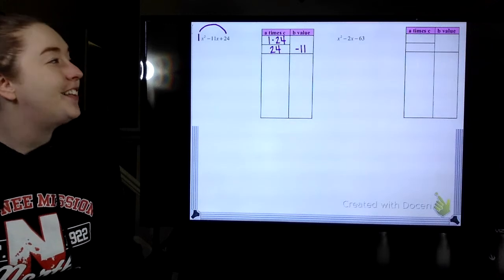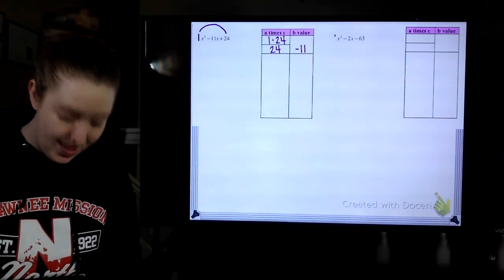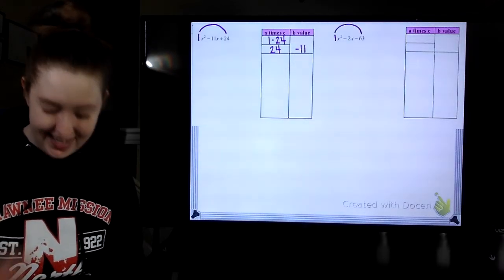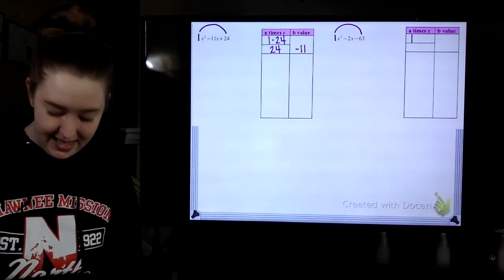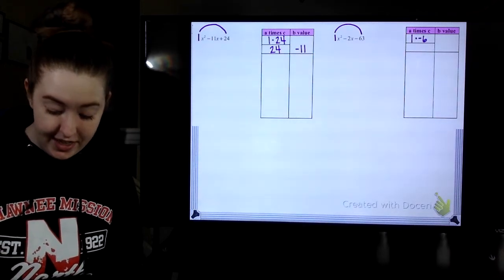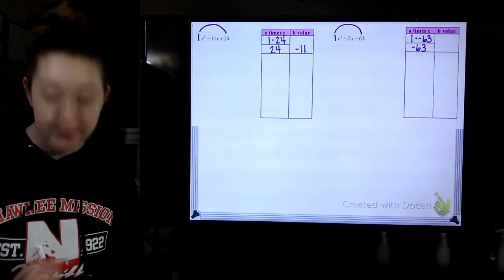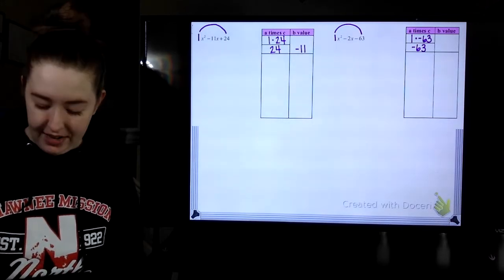On this next one, I don't have a number in front of x squared, so that must be 1. Then we'll multiply a times c, make a rainbow. So 1 times negative 63 is negative 63. My b value is the number on the x, so that's negative 2.